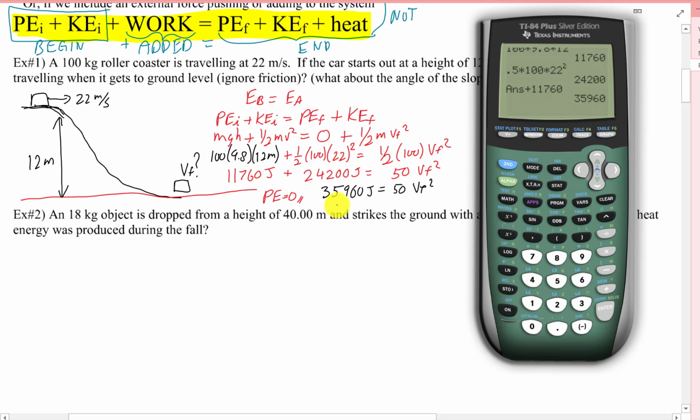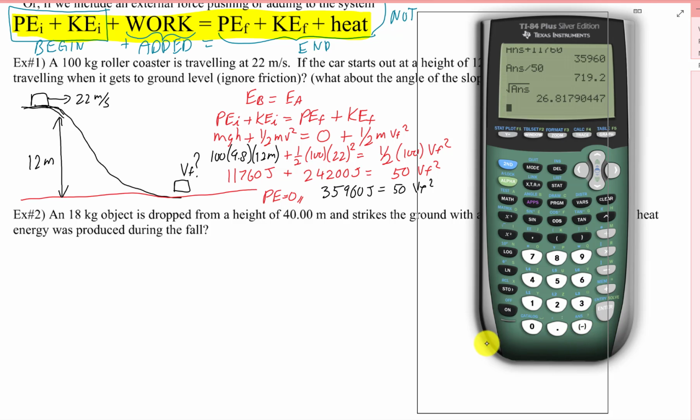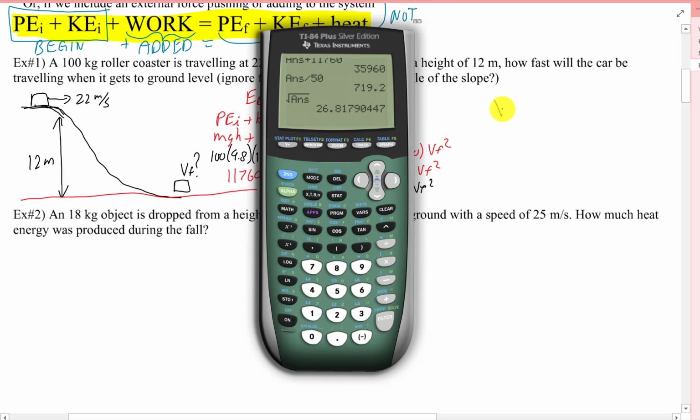It would be joules per kilogram. It'd be a weird number. So we now divide this by 50 and square root it, and we'll get the answer: vf is 26.82 meters per second.